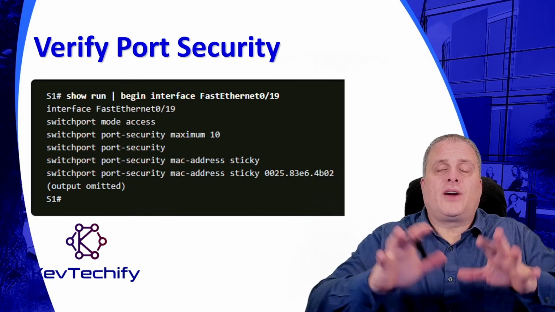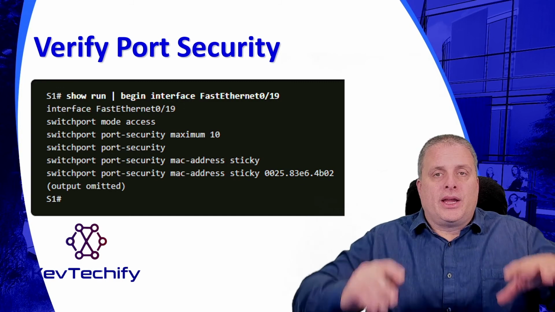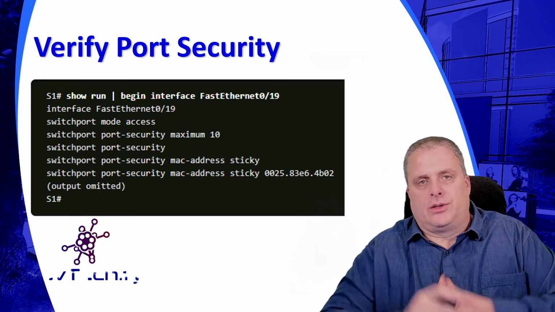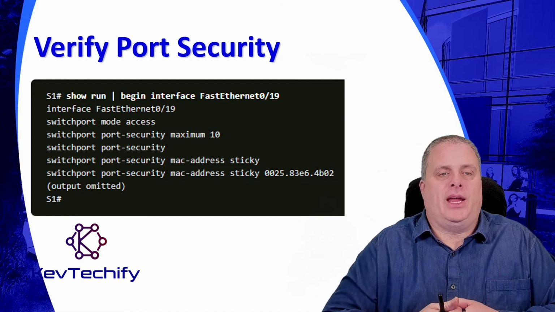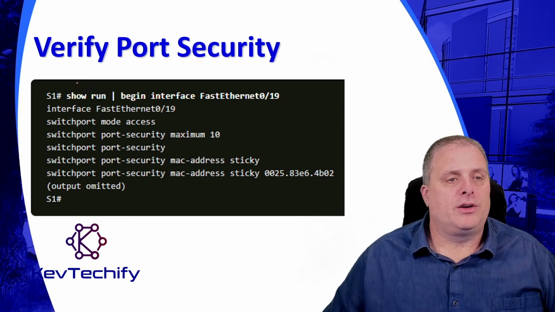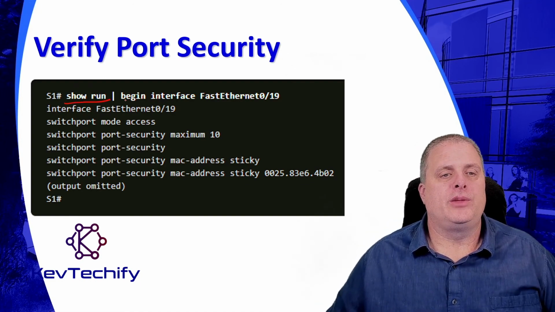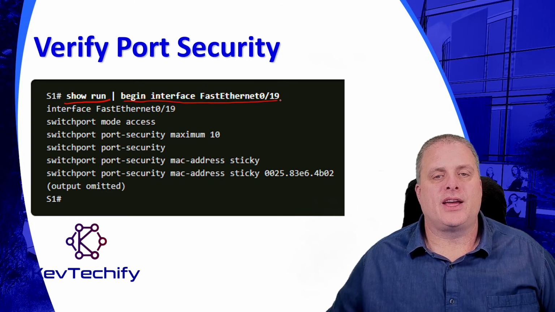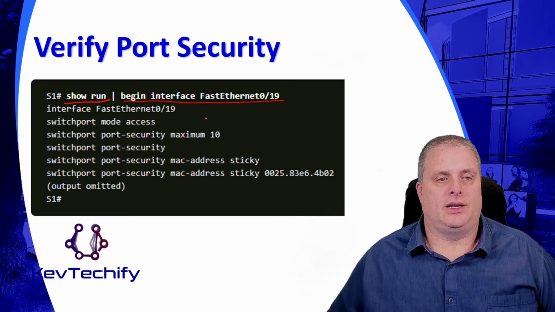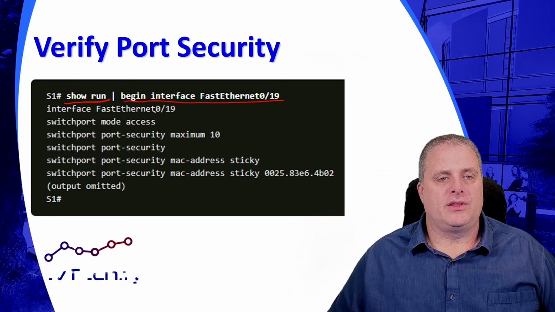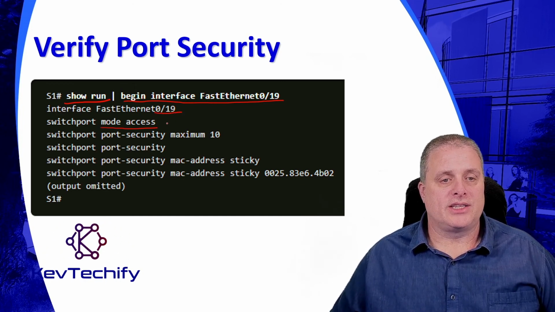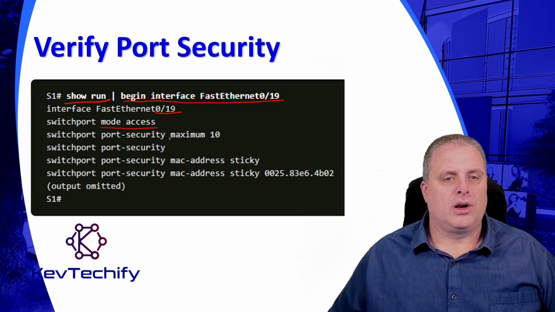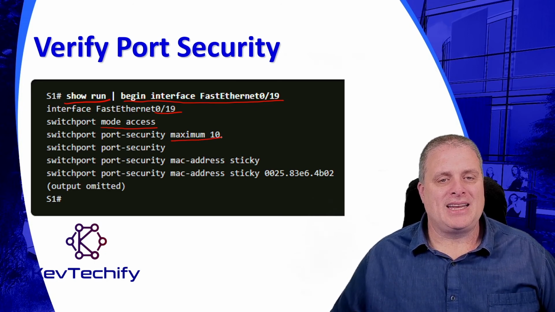We can also verify our port security settings by checking our current configuration. Once again, to show our current configuration is the show running-config command. Right here, we've entered our show run command, and we're going to begin showing with interface FastEthernet 0/19. Starting here, we see that we've statically set it as an access port. It will learn up to a maximum of 10 addresses.